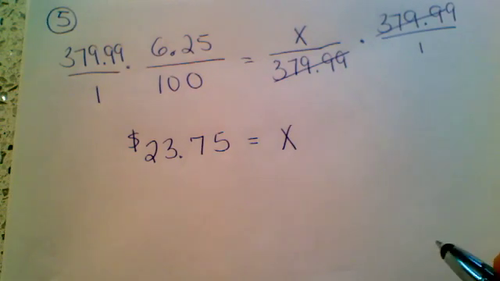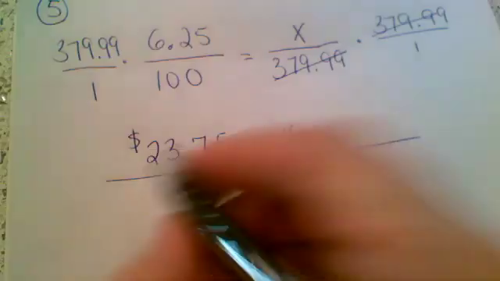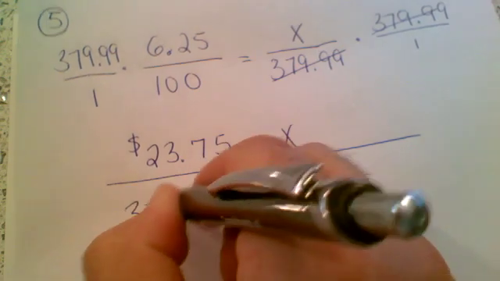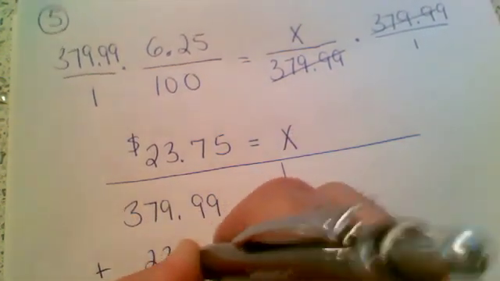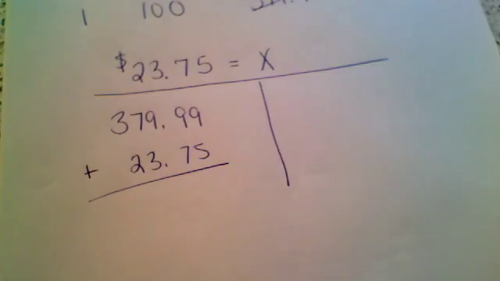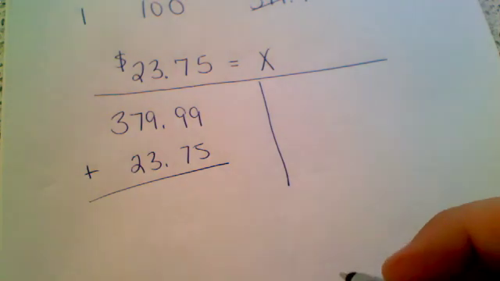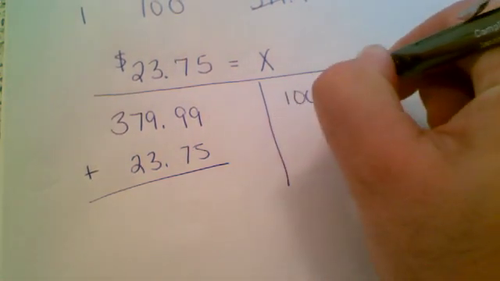Now to find the total, we have a couple of options. You could just add the tax on. Another option.